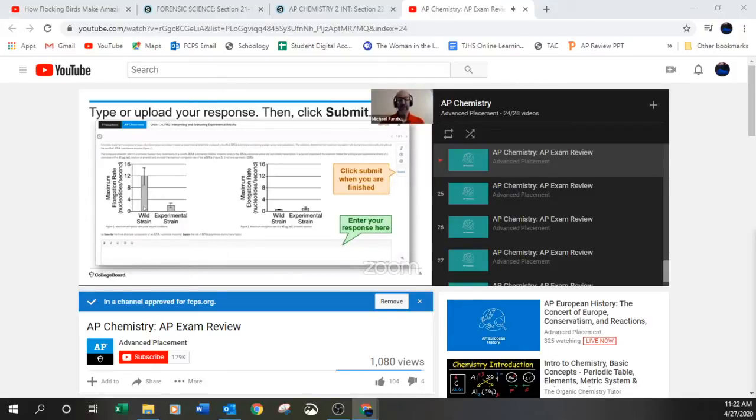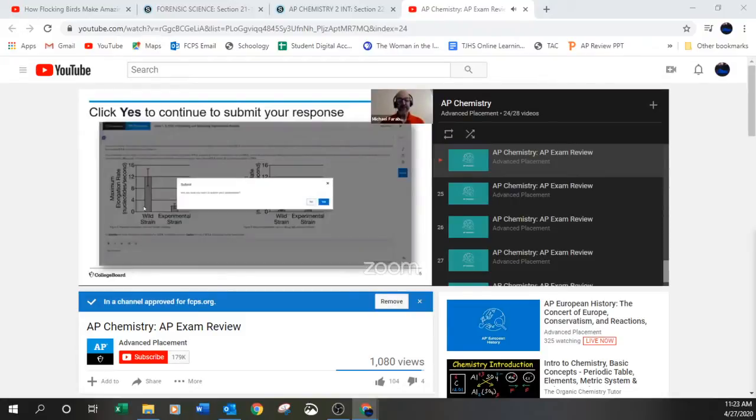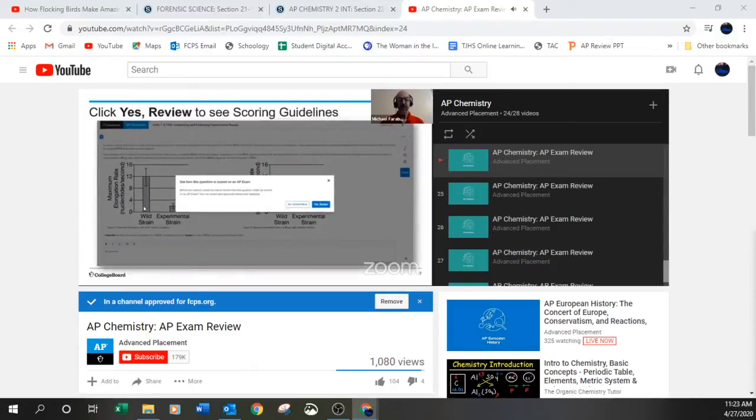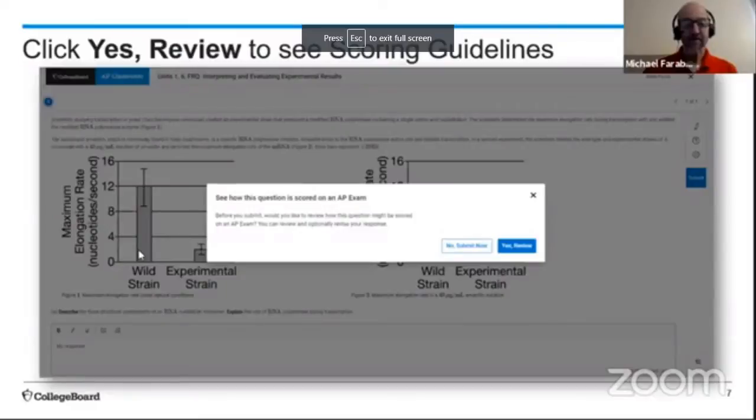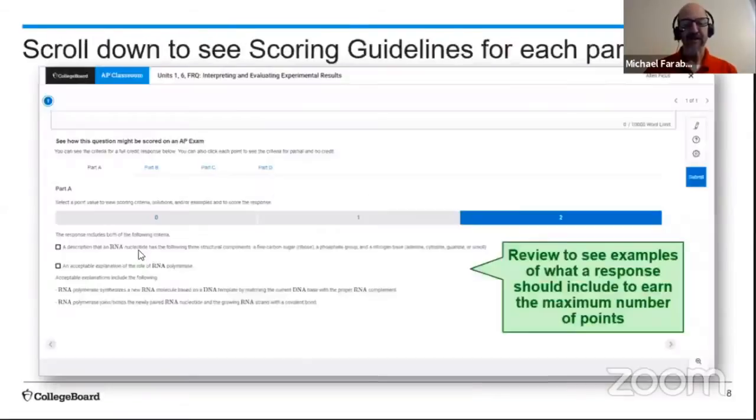You can click submit, and once you click the submit button, it's going to respond. You say yes, but then a screen will come up saying, do you want to submit now, or would you like to review how this question might be scored on the AP exam? So you can actually click yes, review, to see the scoring guidelines.